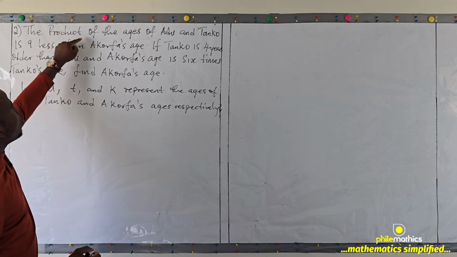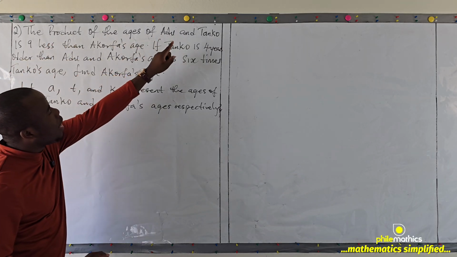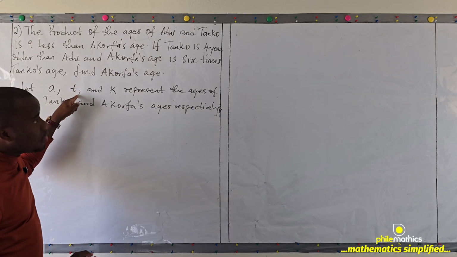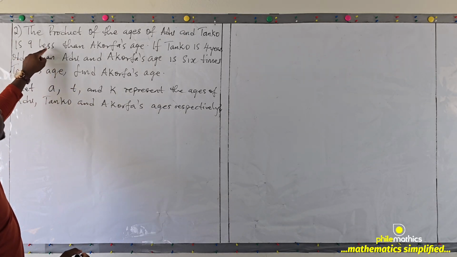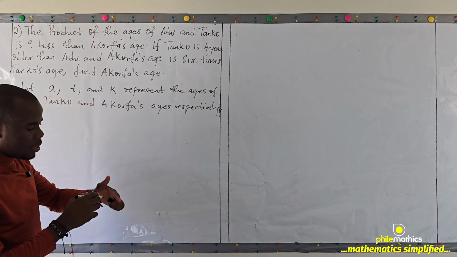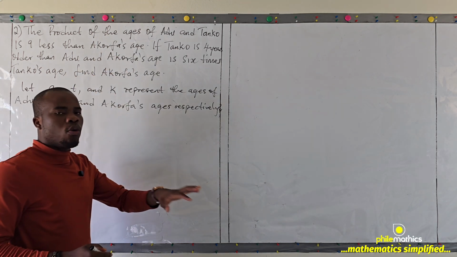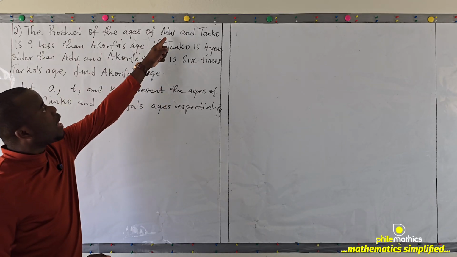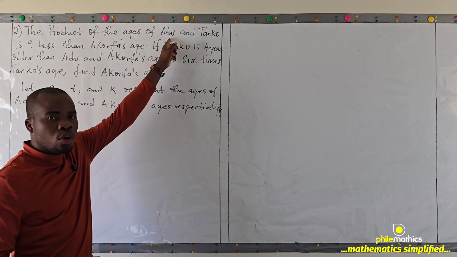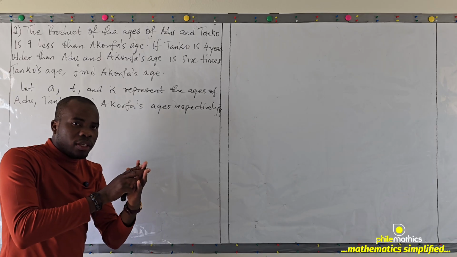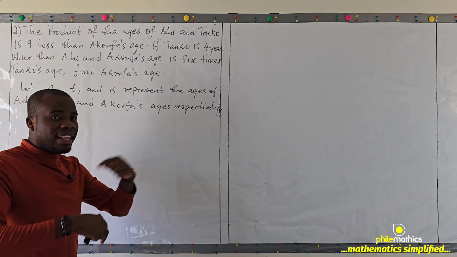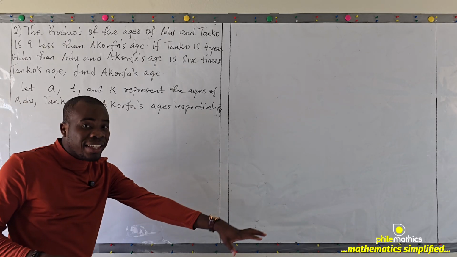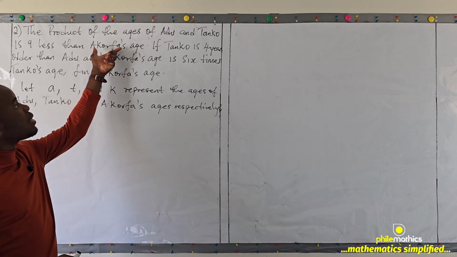The product of the ages of Adu and Tanko, so the product means A times T, is 9 less than Akofa's age. That means if you add 9 to the product of their ages, that is how you will get Akofa's age.